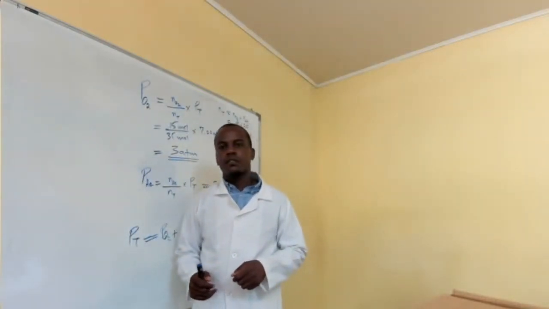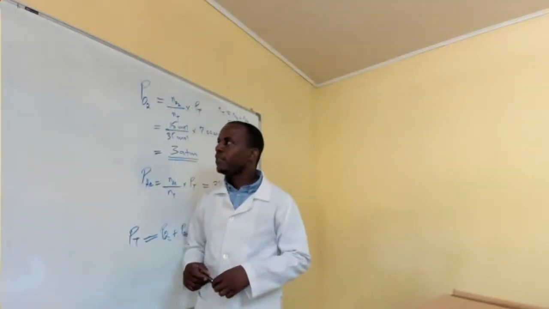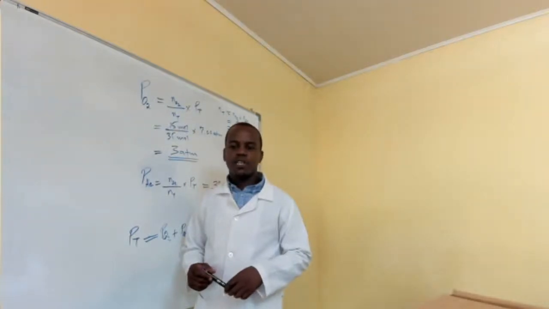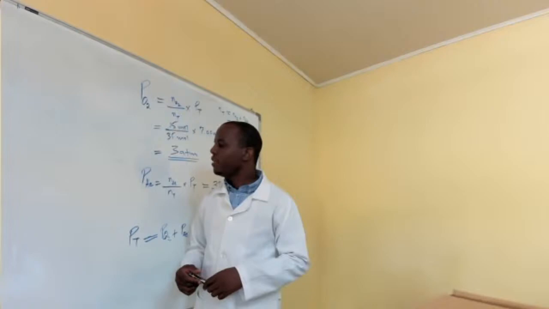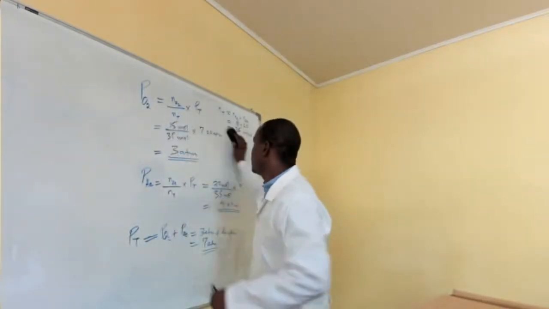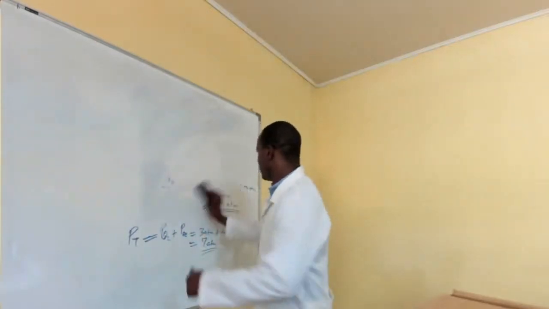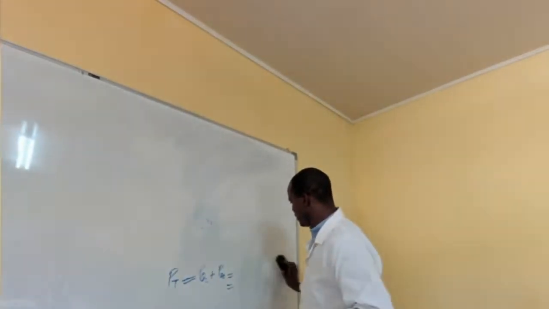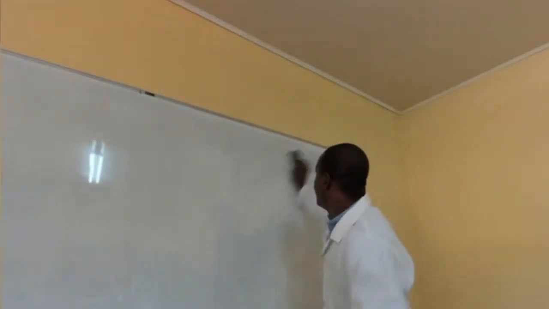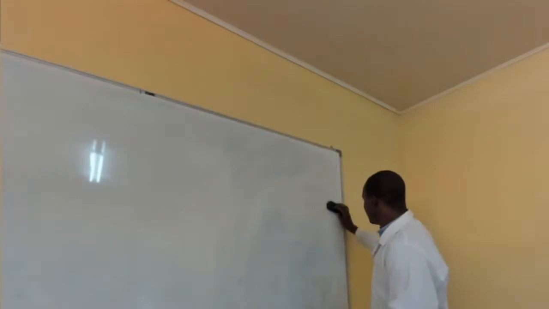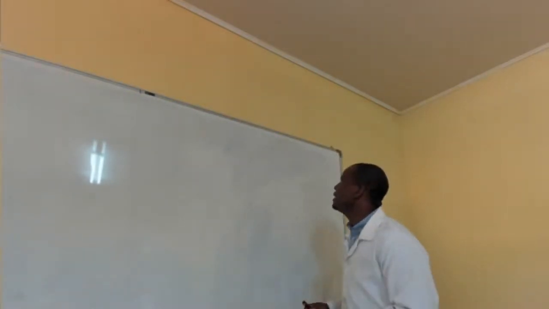emphasizes the fact that the total pressure within the mixture will be the sum of the partial pressures of the gases within that mixture. Therefore, if you are doing some calculations, there are 3 ways you can use to calculate the partial pressure of either the individual gases, or you can calculate the total partial pressure depending on what is being asked.